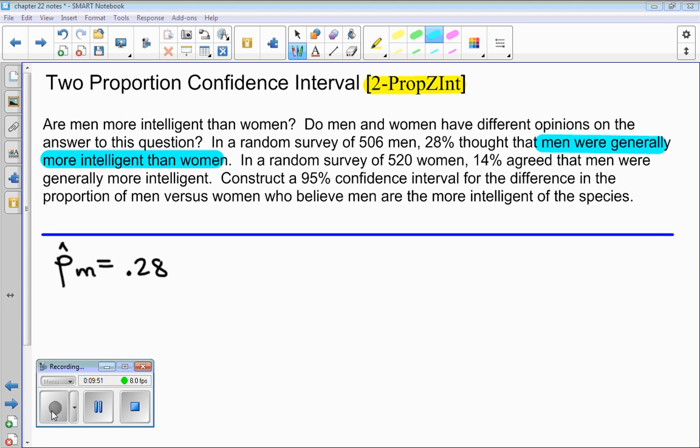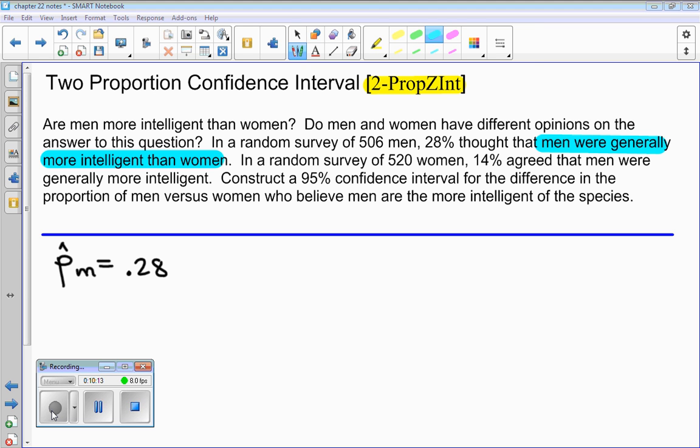And you get some sort of decimal, right? So you could put that over 506, but you can't have a fractional person, right? So that's why we're just going to leave it as 0.28, okay? But yes, you could, but let's go ahead and leave it as a percentage.